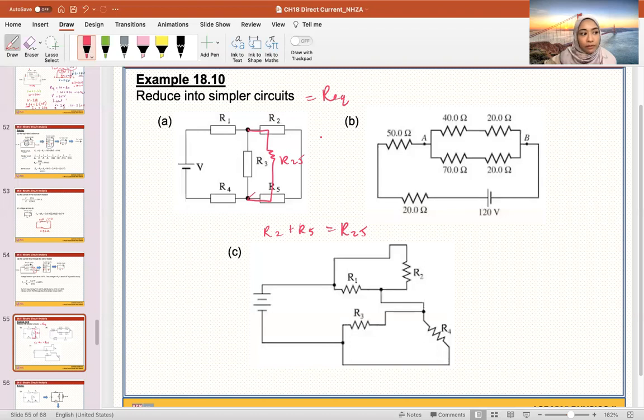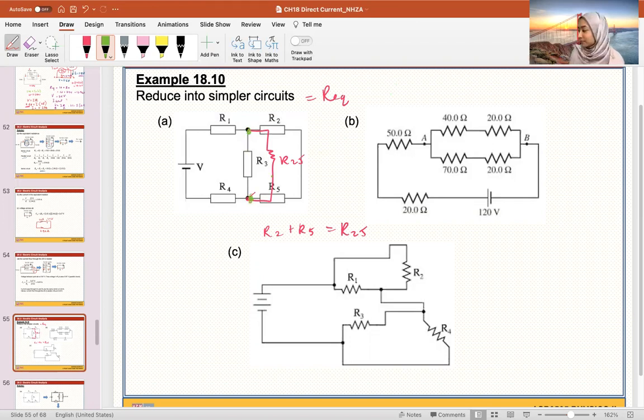Is R25 in parallel with R3, Amsha? Yes. Why? It feels like talking to a wall, talking to Amsha. Amsha, why?